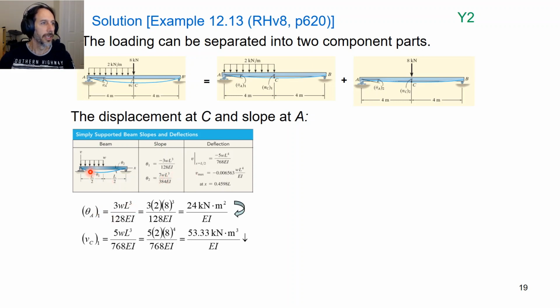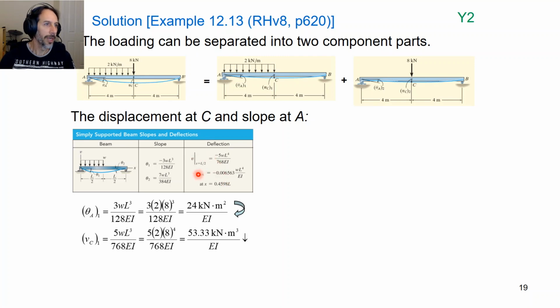Okay, so we can see that at end A we have this formula, indicating clockwise rotation. Okay, clockwise rotation here, and we also have the deflection at point C. So we need to make sure we get the right one here.